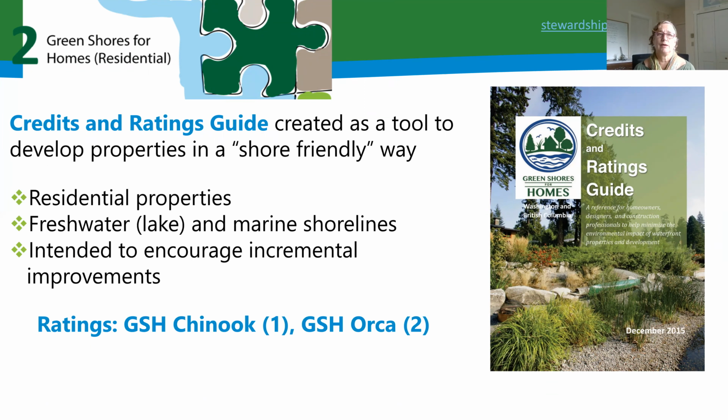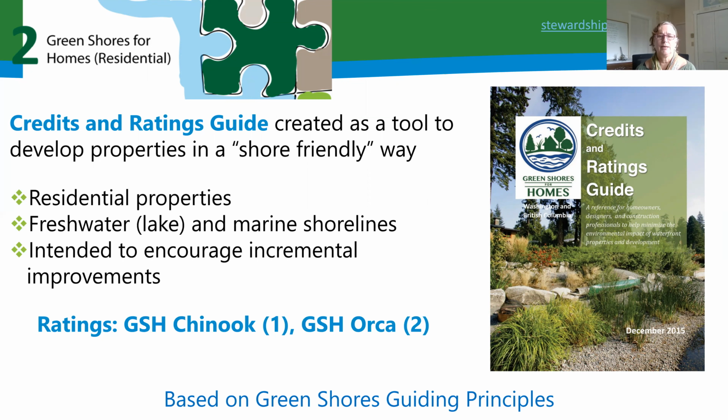So we recognize that moving forward, you need to have a variety of options for property owners to apply, and that we encourage these incremental improvements. There's two credit ratings levels: Green Shores for Homes Chinook, or level 1, or Green Shores for Homes Orca, or level 2. And again, it's based on those four guiding principles that I mentioned earlier.